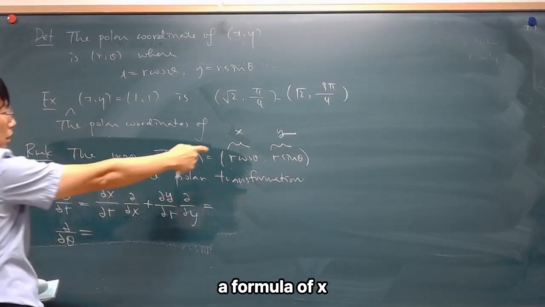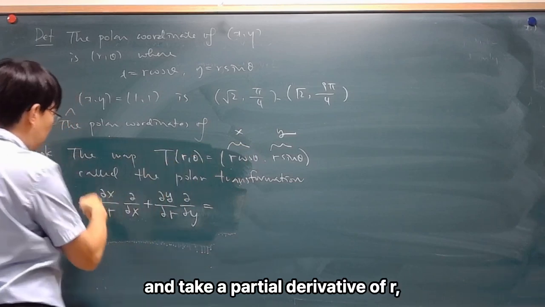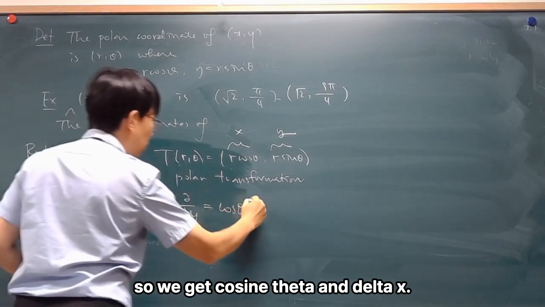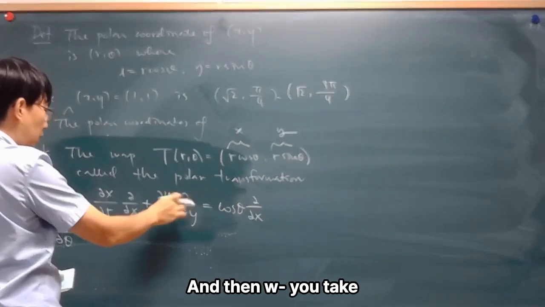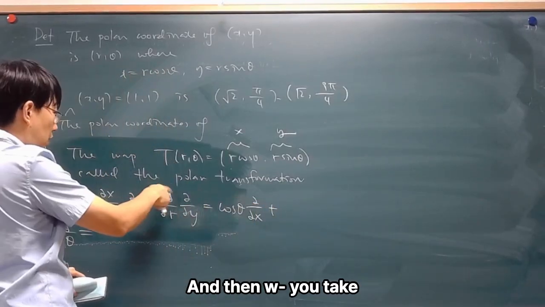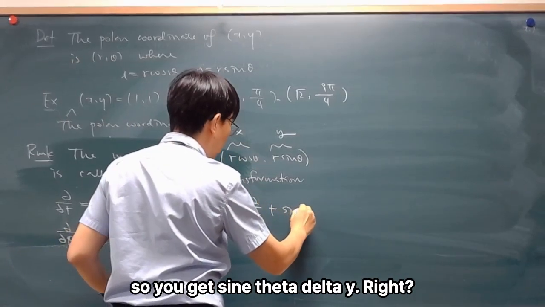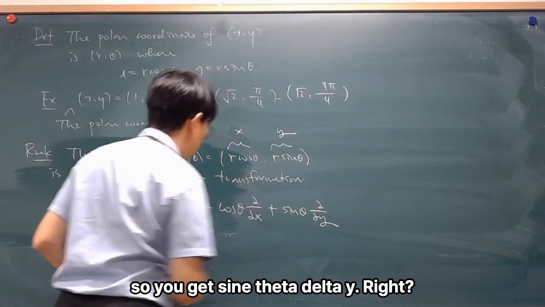You're taking the formula of x and taking the partial derivative with respect to r, so you get cosine theta delta x. And you take the partial derivative of y with respect to r, so you get sine theta delta y, right?